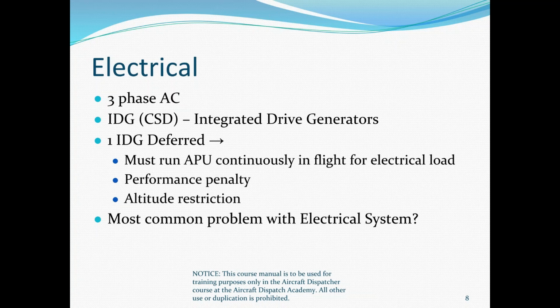Then also altitude restriction. With the 700, does anybody remember what the altitude restriction was for the IDG inop? Bueller. Was it 30? You're close. So it's 31,000 feet. Yeah.